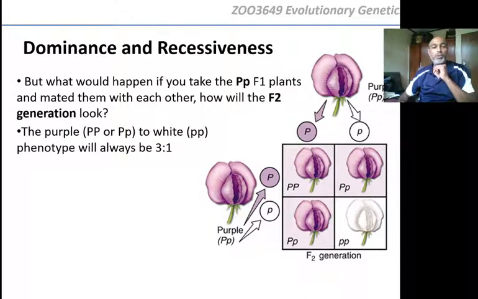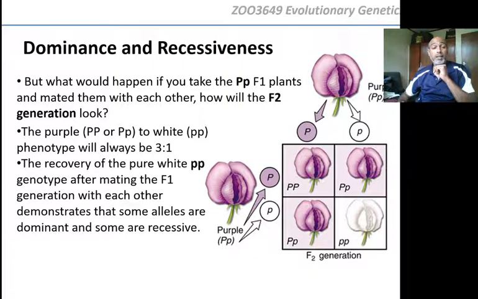Okay? So the ratio was 3 to 1. He recovered the pure white small p, okay? And that demonstrates what? Some alleles are hidden. In other words, you can only get the small p in F2 if F1 plants had small p, right?